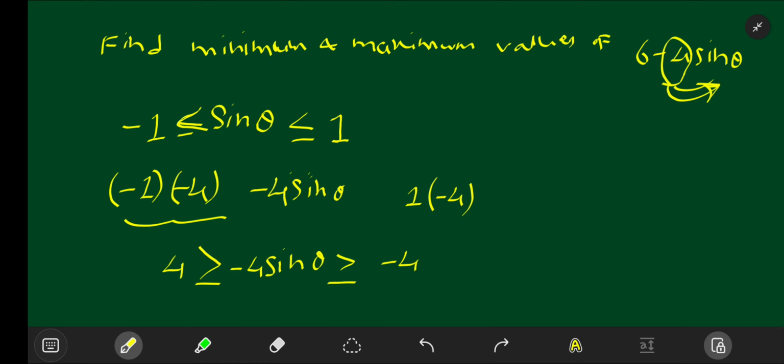That is the actual logic. When we multiply with minus, the less than becomes greater than, and the greater than becomes less than. Okay, so that's why we have to change the inequation when we multiply with minus or square the inequation.